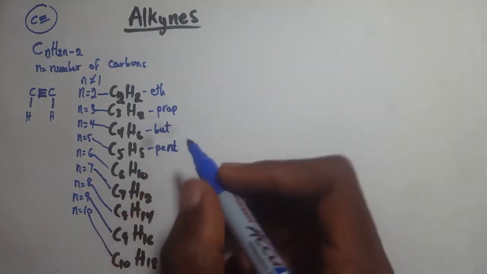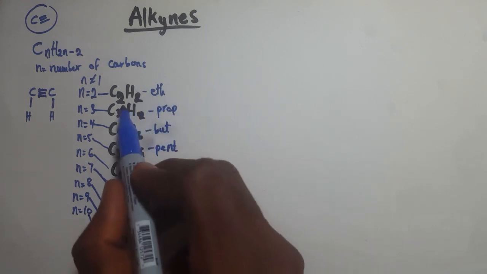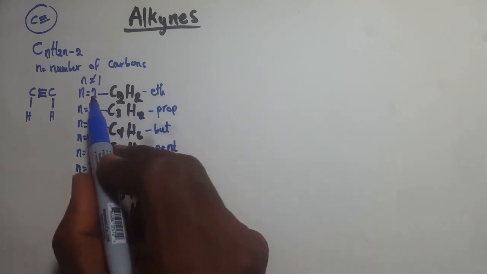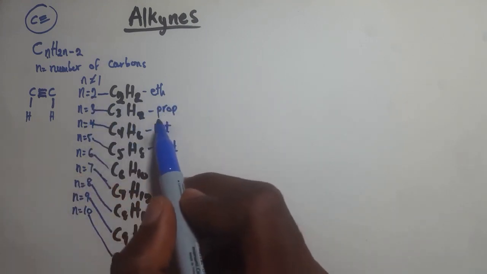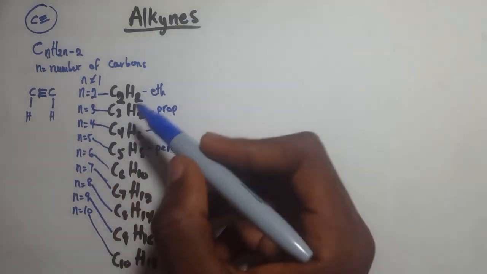If you are new to this video, let me do a little recap. The number of carbons you have in an organic compound will determine how you name the beginning, that is the prefix.